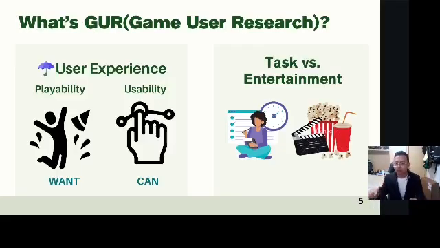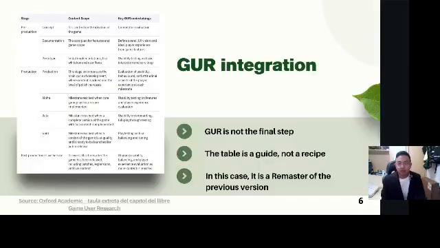You don't have to log in and immediately get the best things. You have to grind, right? And grinding is not efficient. It's some extra steps that you have to do. But that is entertainment. So that's the main difference between these two. And we're focusing on game user research, the entertainment one.